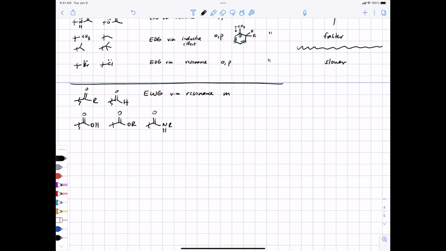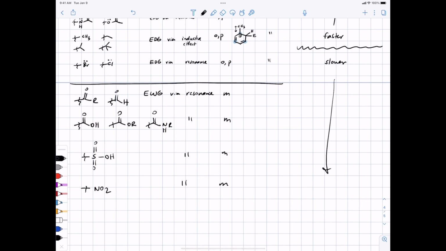The sulfur group fits the pattern of an electron withdrawing group via resonance. You have a double bond or a pi bond to an electronegative heteroatom adjacent to the ring. You can use it in much the same way as you can use a nitro group. These are all electron withdrawing groups via resonance, and they are all meta directors.